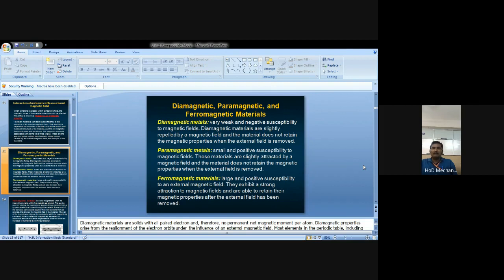The second one is paramagnetic metal. It has a small and positive susceptibility to a magnetic field. These materials are slightly attracted by a magnetic field and the material does not retain the magnetic properties when the external field is removed.